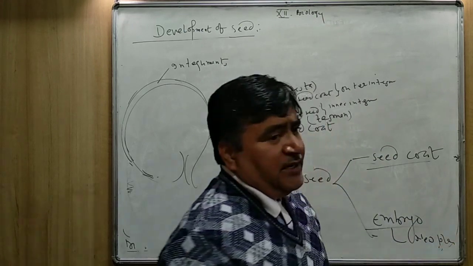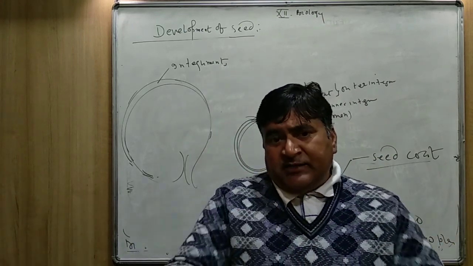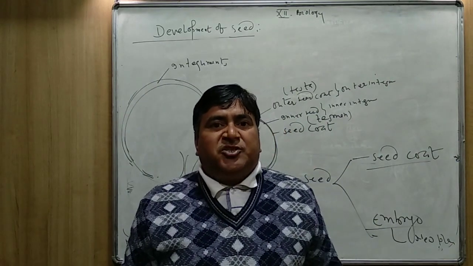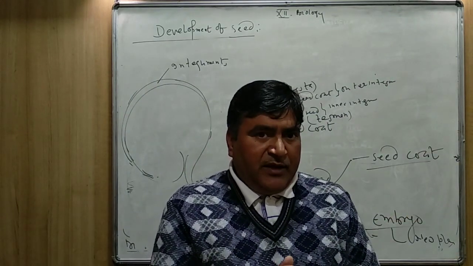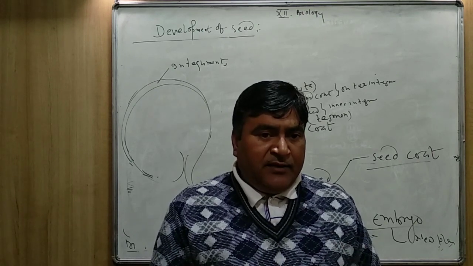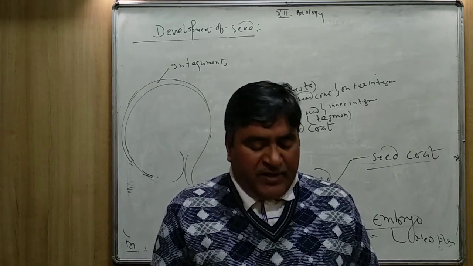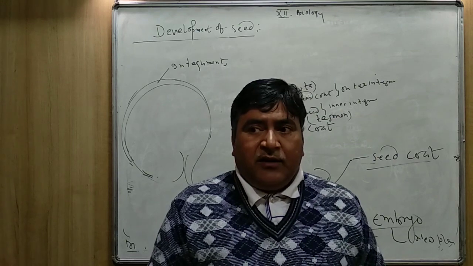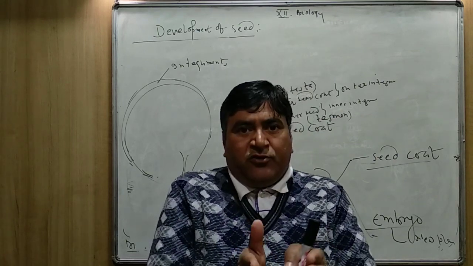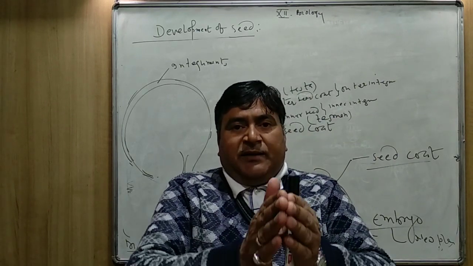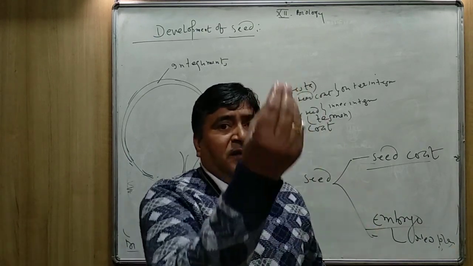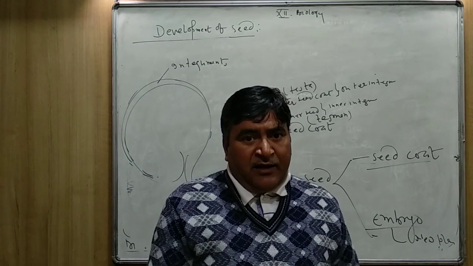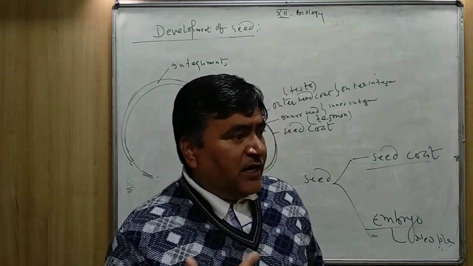So simply the seed is made up of two parts. The outer covering is called seed coat, and inside the seed the embryo is present. When the embryo gets matured, the seed coat gets ruptured and the embryo comes outside and can give rise to the new plant.